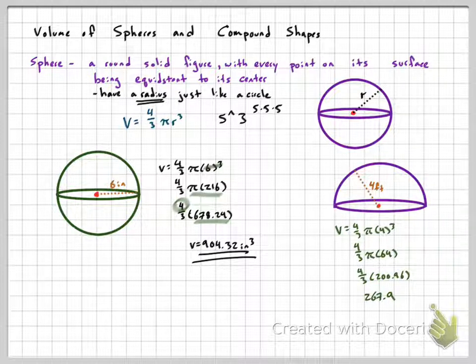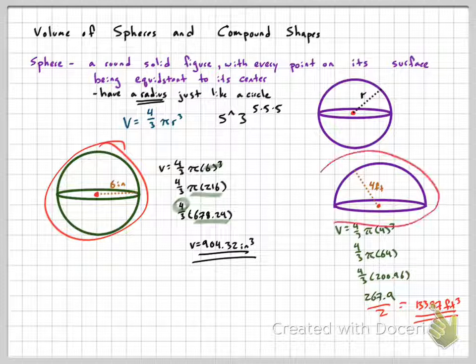So we have to take that amount and just divide it by 2. And we get 133.97 feet cubed. So again, you really just have to determine, do I have an entire sphere or is it half a sphere? That's all you got to worry about.